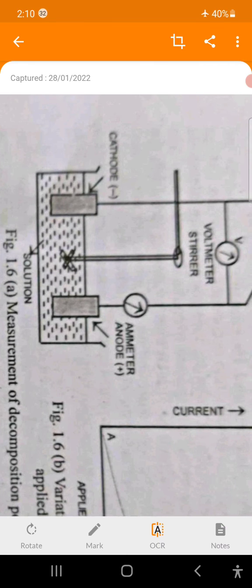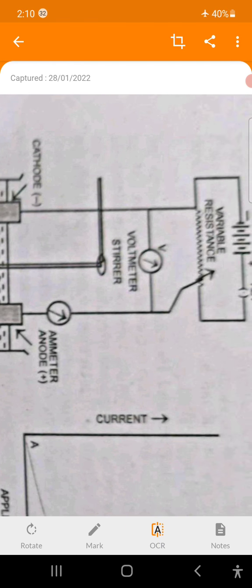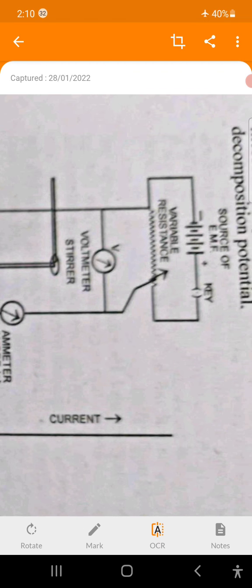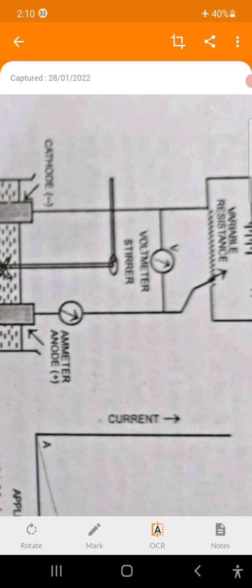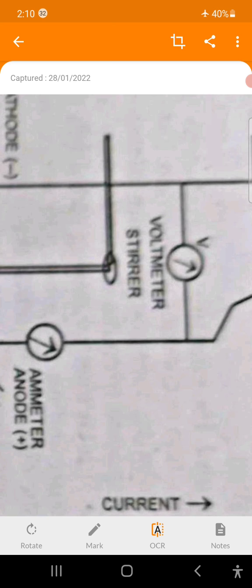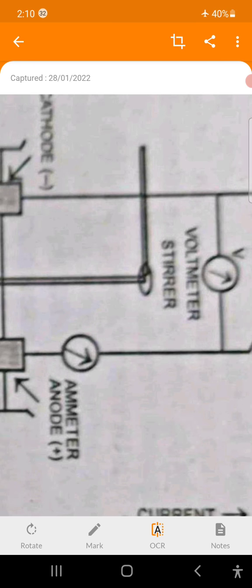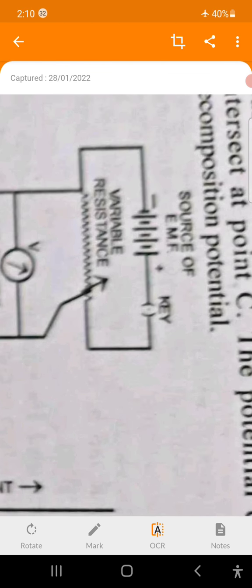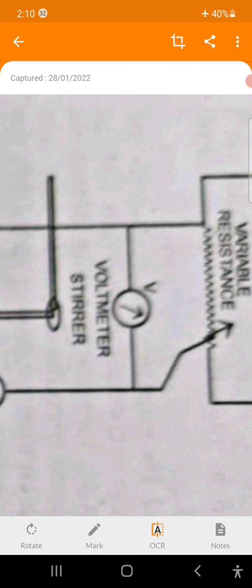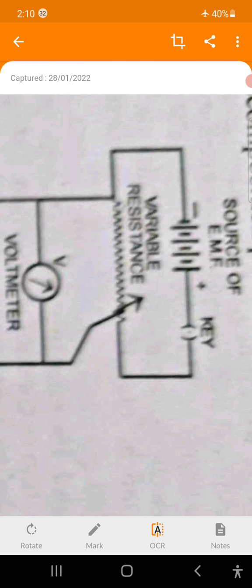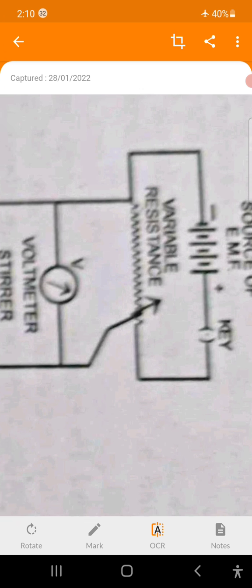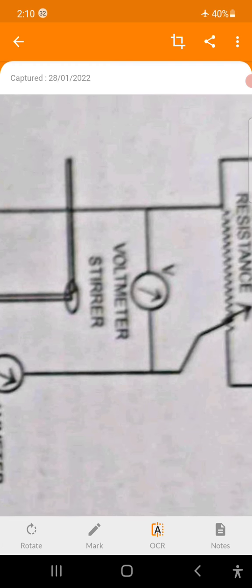Two electrodes are placed in the electrolyte solution, and a voltmeter is connected between the two electrodes so as to measure the voltage across them. They are also connected to a rheostat so as to change the resistance between the two electrodes.